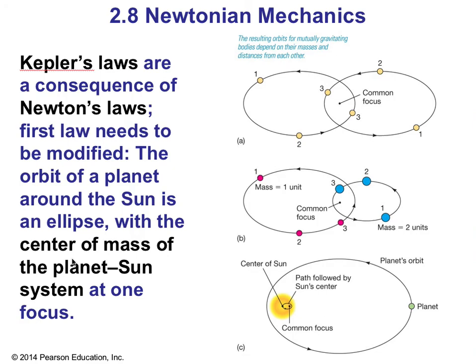Kepler's laws are the consequence of Newton's laws, because now they had that mathematical background to be able to explain those motions within the solar system.